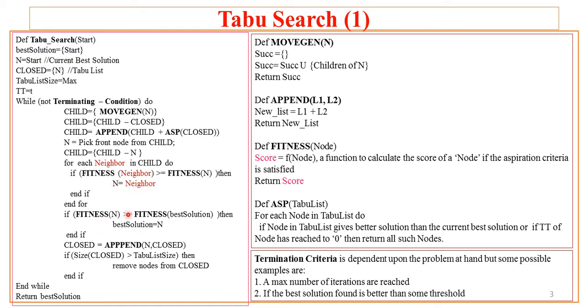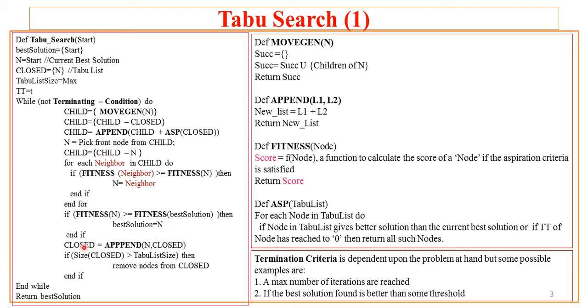Now we know that for the best solution, in our case, we have recorded the start node. But if there is an option better than best, which is nothing but n, then the best solution changes to n.